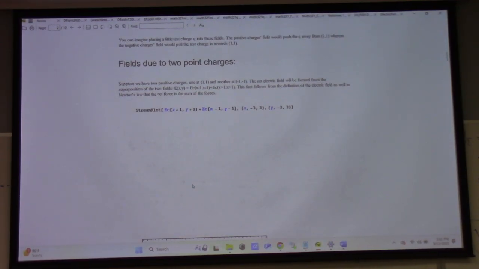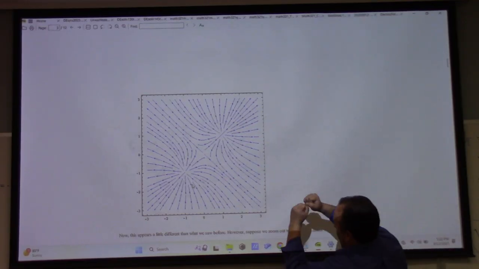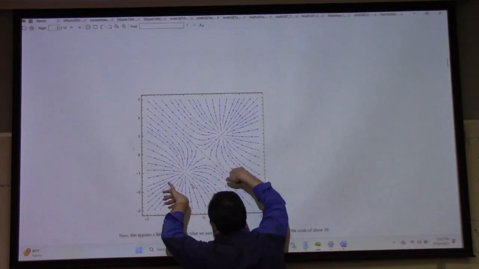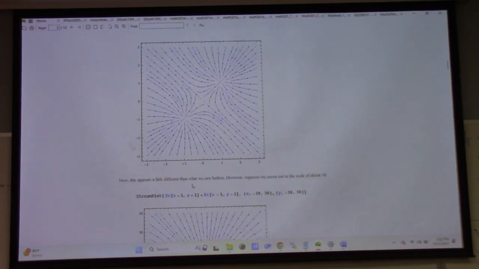Two point charges. Here I put a charge of positive, these are both positive charges. That's what it looks like if you're close in. They're going away. The fields kind of bend when they get in the middle, and the field lines can't cross, of course. And then, what happens if you zoom out?